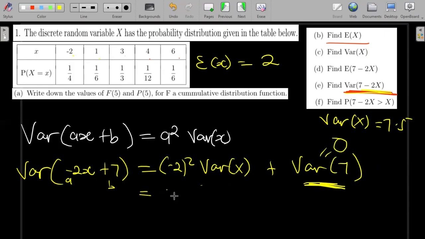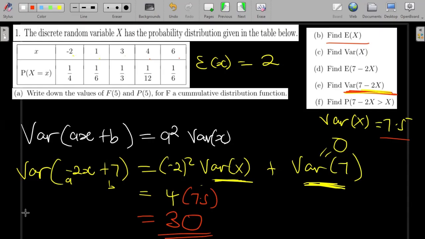So what we remain with is just 4 multiplied by the variance of x. But remember, the variance of x we found was 7.5. So when you multiply 4 by 7.5, you're going to get 30. So this is the variance of 7 minus 2x. That's the rule that you use there.